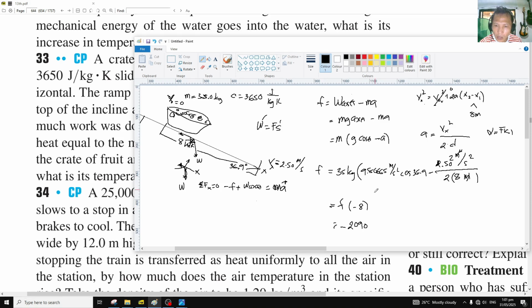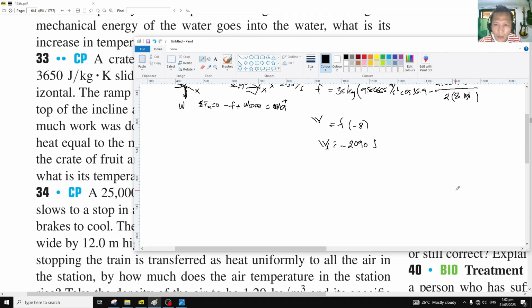This is meters, this is Newton, so that would be joule for your work of the friction. Okay, so this is already the work of the friction, or negative 2.09 kilojoule. Okay, so you have already that.